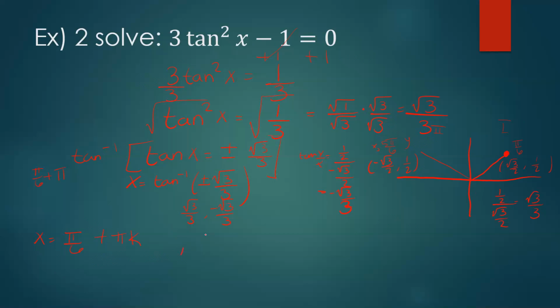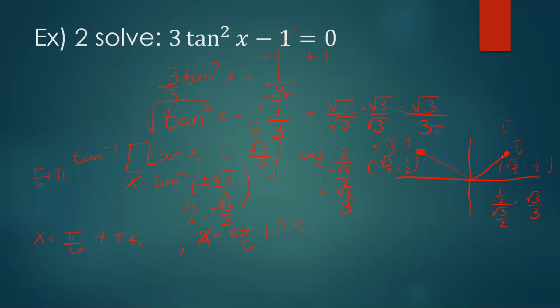And the same thing with 5 pi over 6. So the other solution would be 5 pi over 6 plus pi k, not 2 pi k. If you added k equals 1, you would eventually end up here, which is technically the same answer.